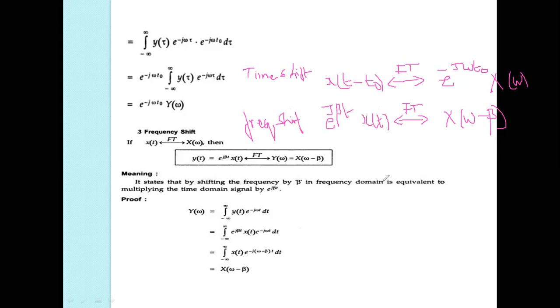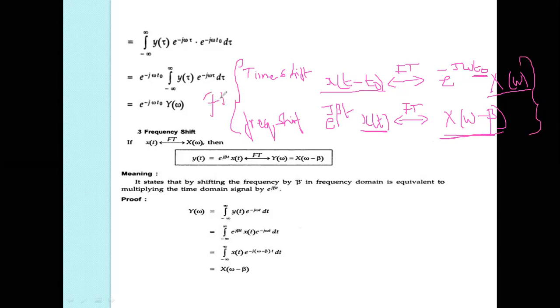See, if the time is shifted, the frequency domain signal is multiplied with a negative exponential e power minus j omega t naught. If the frequency is shifted with the beta samples, the time domain signal x of t is multiplied with a positive exponential. These two are related to the Fourier transformation.